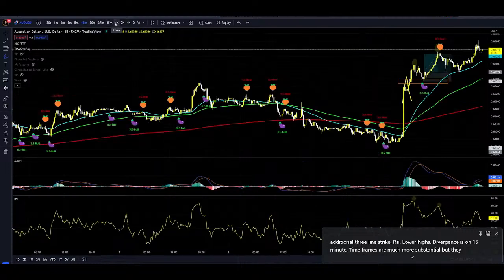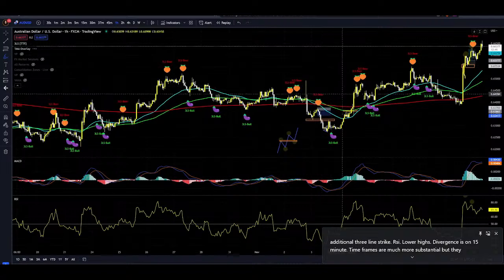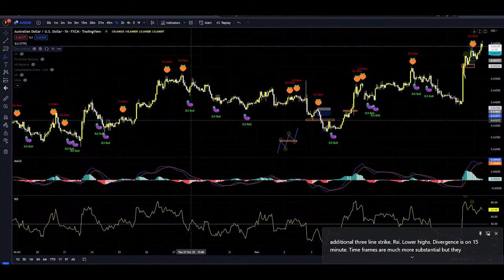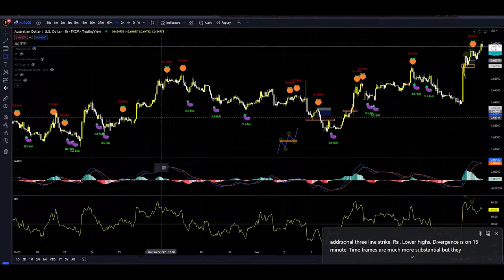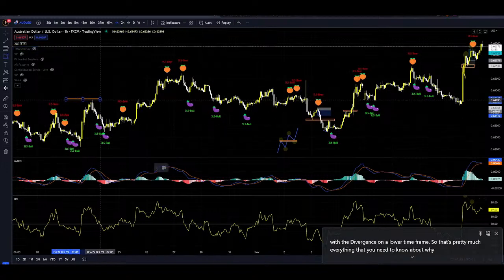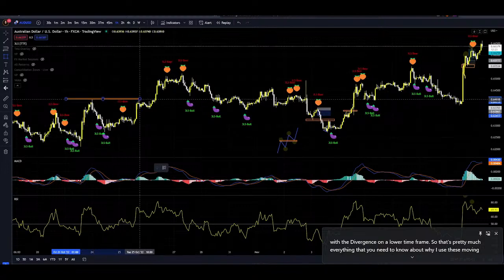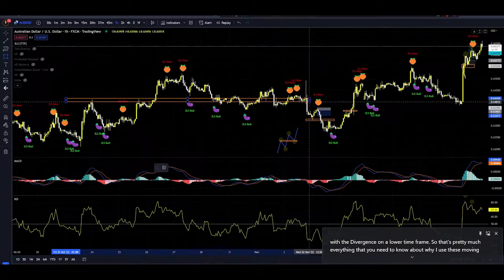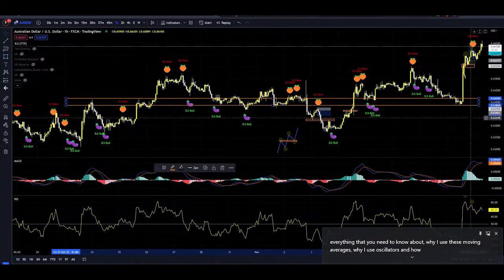If you want to actually mark up support and resistance levels, what you want to do is go on a higher time frame. So for example, you can see clearly on a 1-hour time frame that we had one rejection here, another rejection here, and then as price came back to this zone, it kept rejecting off of these areas.